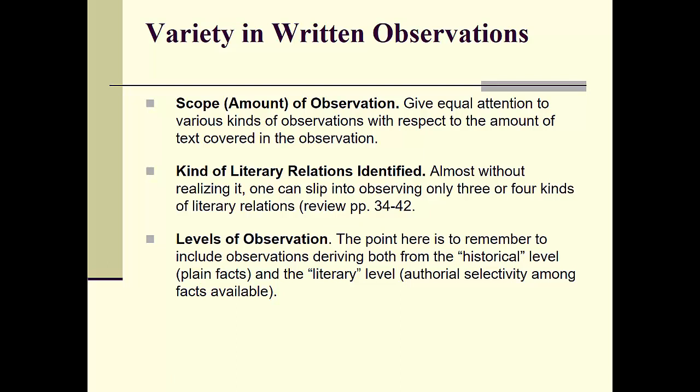Levels of observation. When we refer to levels of observation, we're not talking about how many paragraphs or segments reaching from far to the left to far to the right in the text or the story or the teaching itself. Rather, think of it as vertical levels.